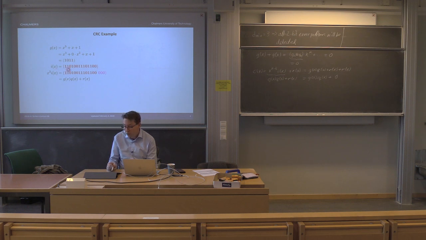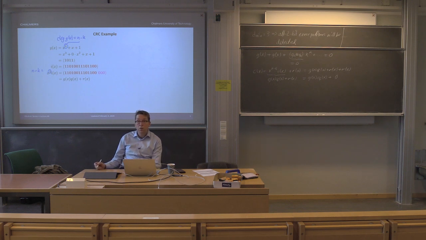So the first thing we do is to multiply with x to a power, and the power here should be n minus k, which is the degree of G(x), and the degree we see is equal to 3 in this case.